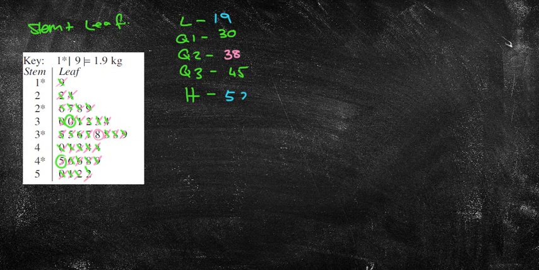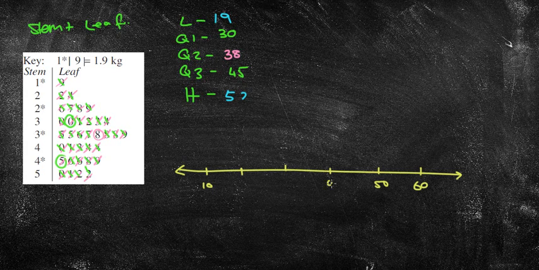Okay, and now it's a matter of drawing my number line. I might go by 10 this time. So 10, 20, 30, 40, 50, 60. Again, just choose an appropriate style of number line and then plot your numbers on. So we've got 19, which is going to be about here, then 30, 38, 45, 52.